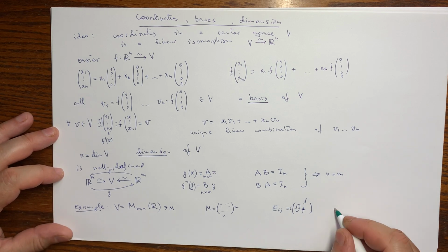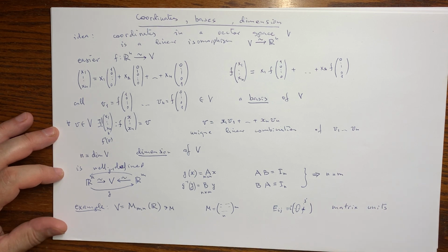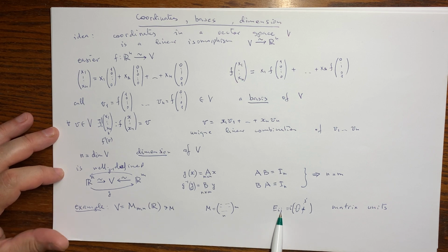These are called matrix units. And any matrix can be uniquely written as a linear combination of matrix units.